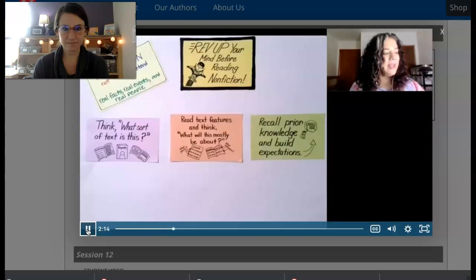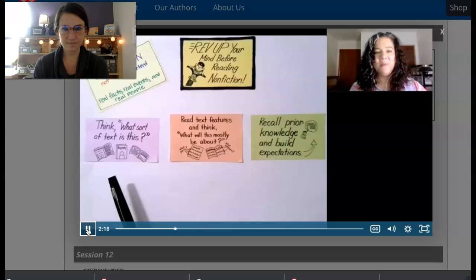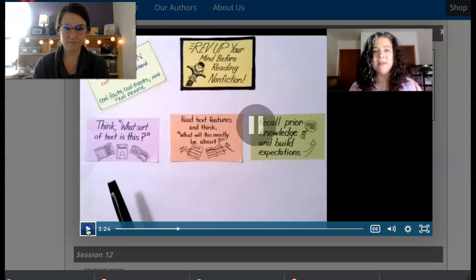And I'm going to add a new bullet to our chart so that before we think about its text features, we do some really big work. We are going to add this idea right here, that when we take a new piece of nonfiction, we're going to think to ourselves, what sort of text is it?